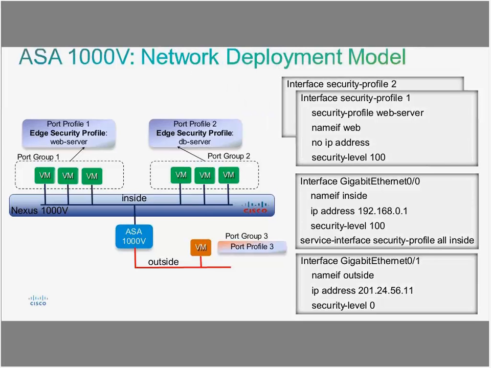You will have multiple of these security profiles as per your requirement. So it's a straightforward configuration. You deploy ASA as OVA or a VSP, configure it to be part of the PNSC, configure the vPath on Nexus 1000V, and then configure this on the interfaces of ASA to provide the security across the tenants.